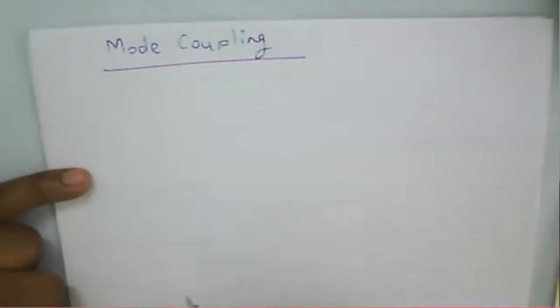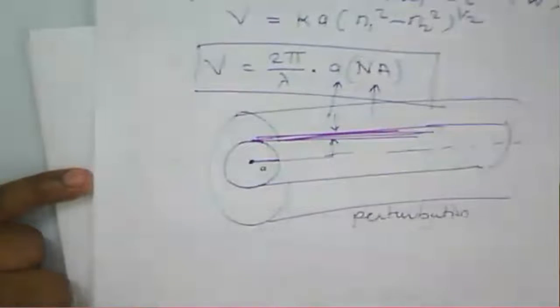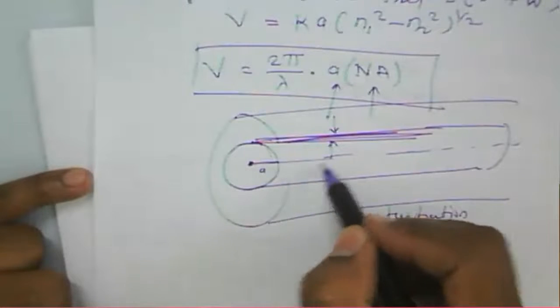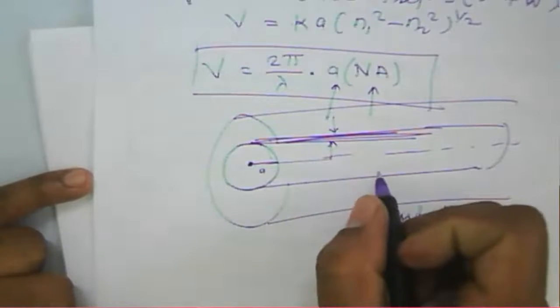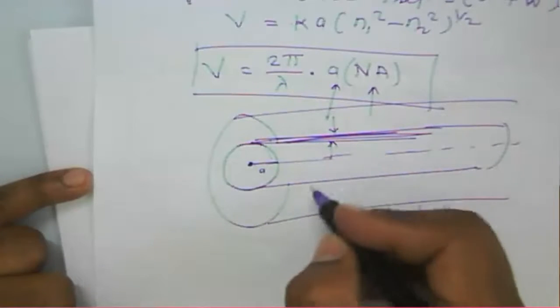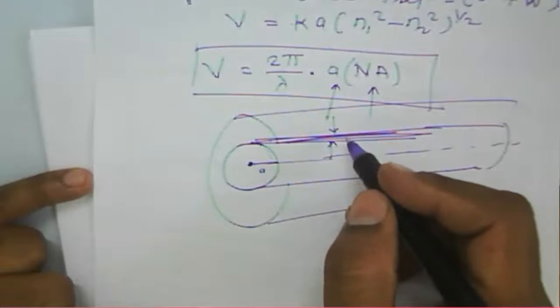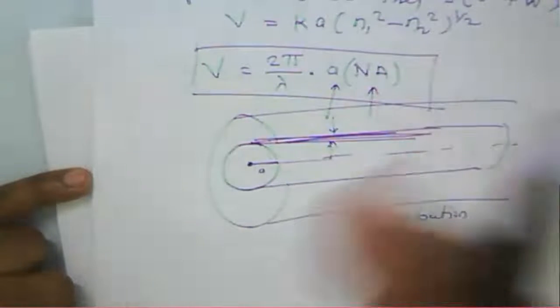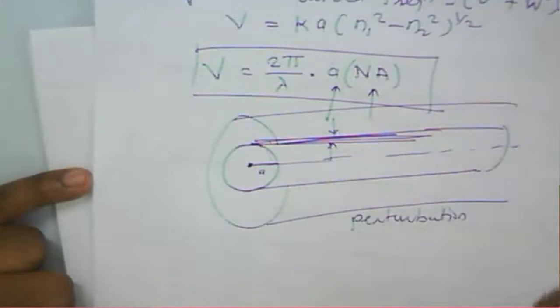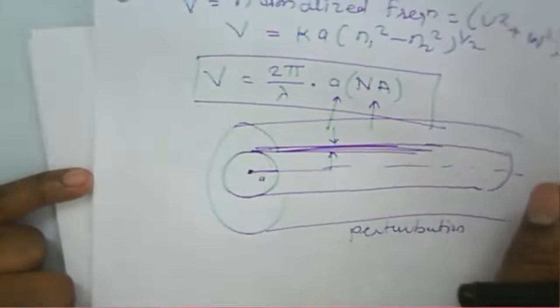Let's see mode coupling. As we say, for a given fiber, if there is a small variation in the core and cladding, then the propagation constant of the light rays will change. And due to the change in the propagation constant, all other values change. Your velocity and everything changes now.